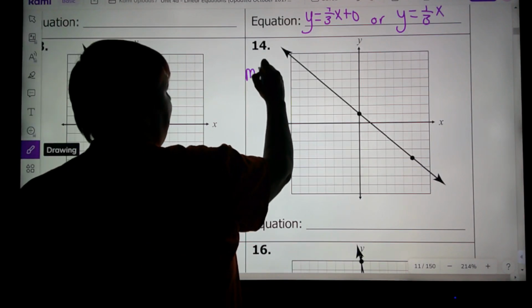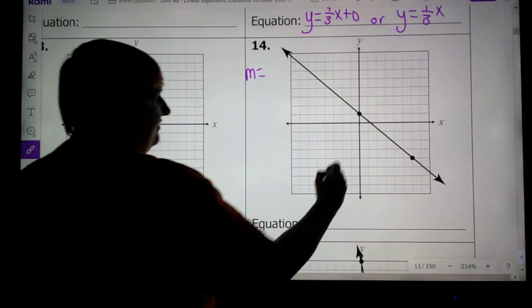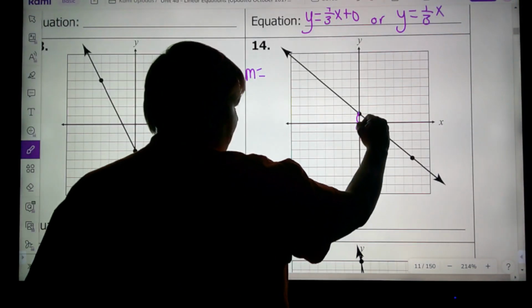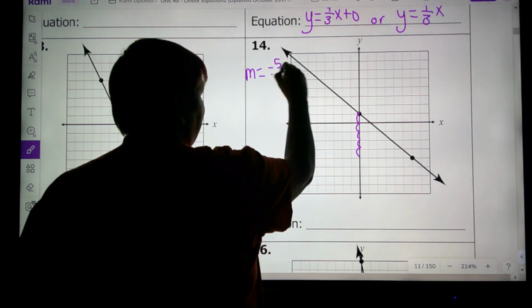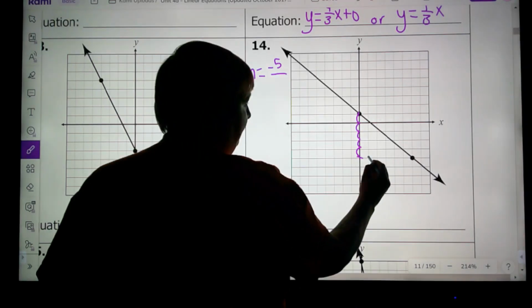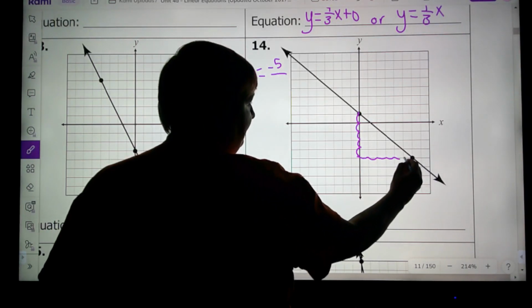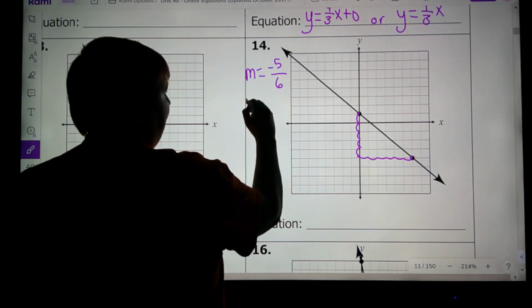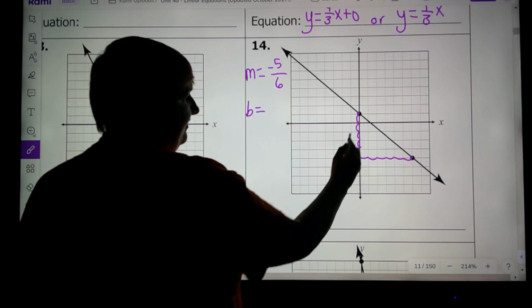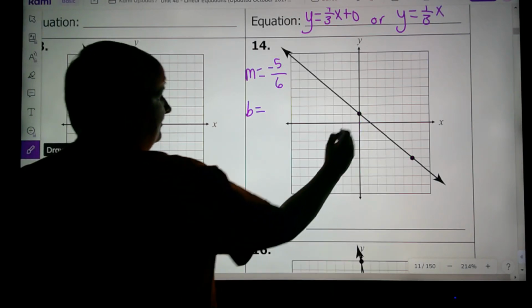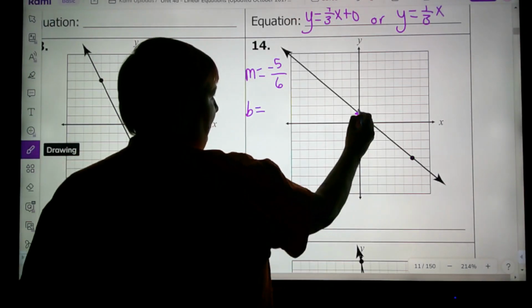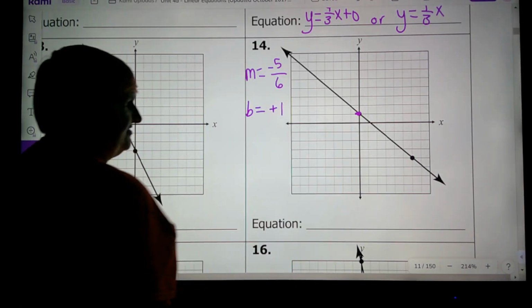Our m is down 1, 2, 3, 4, 5, down 5, and right 1, 2, 3, 4, 5, 6. And our b is +1 because we had to go up 1 on the y-axis.